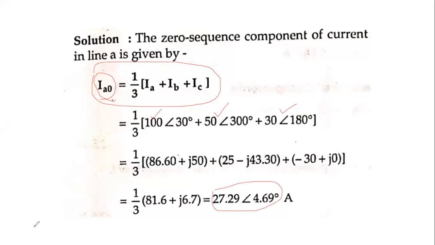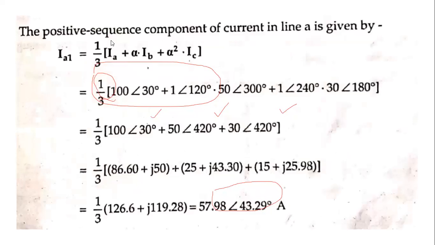Next we calculate the positive sequence component of the current, that is IA1. What is the formula for IA1?